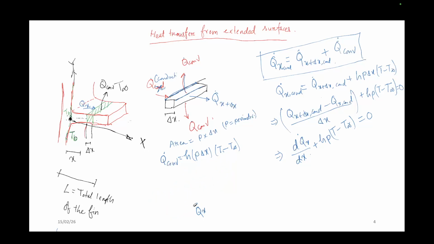Heat due to, so what is this formula? Yes, good. Conduction I can write as minus k A dT by dx. So what is the A here? Can you tell? Which A?